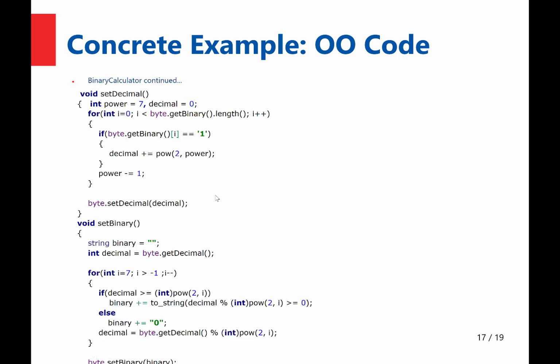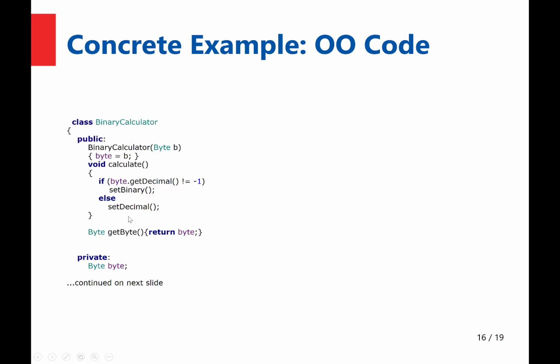And finally we have the methods, right? So we have a set decimal and set binary, and as you can see, this byte variable exists in this scope, so the class's scope. So byte exists in the class's scope. So when we call calculate, we're going to check if this byte has a -1 value.